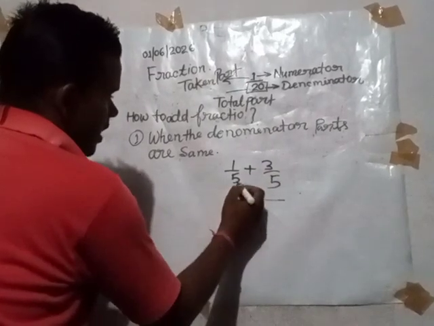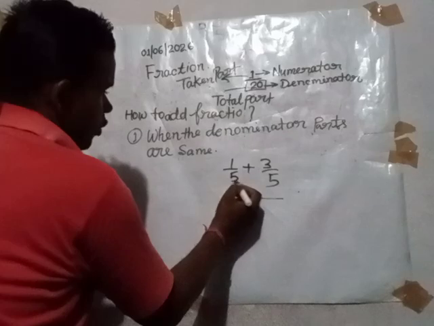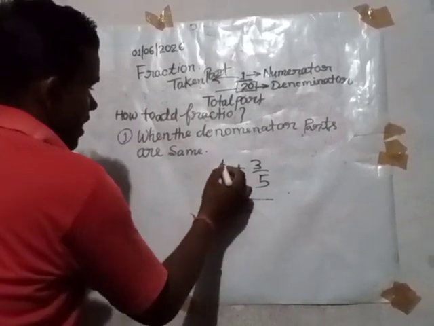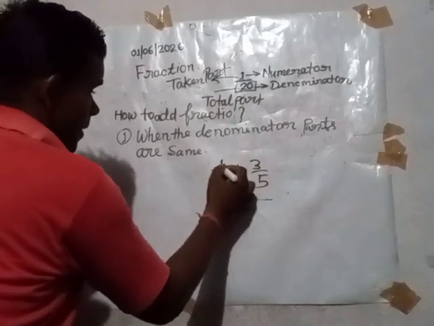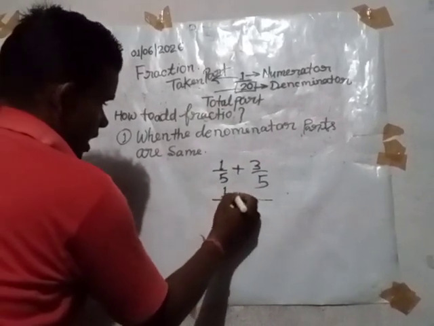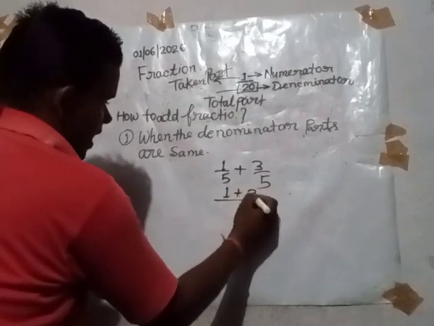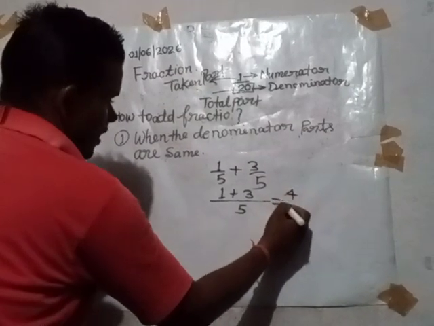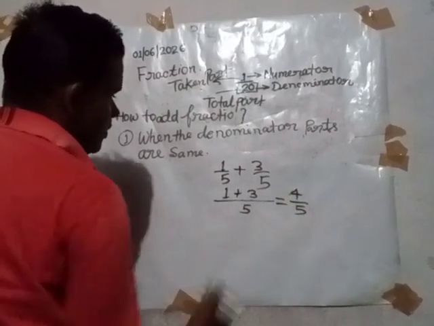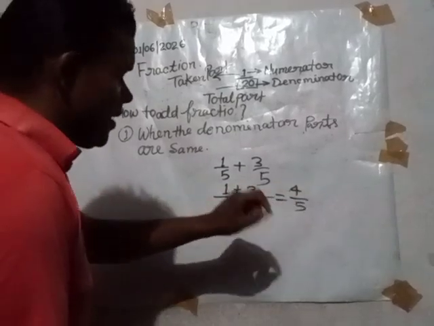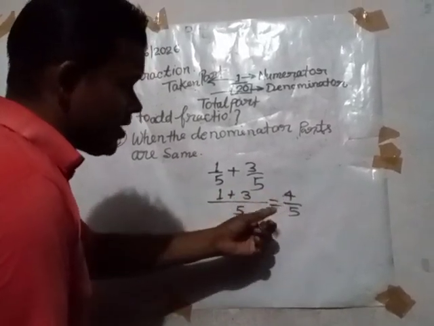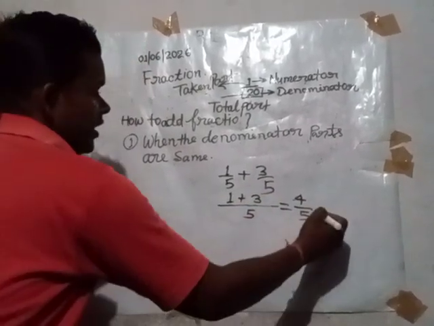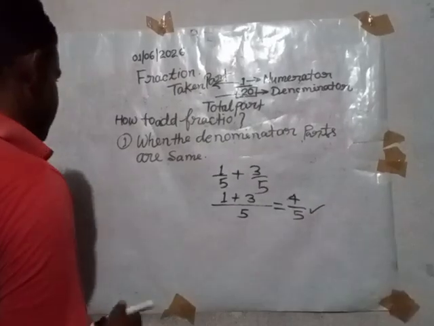Observe the denominator parts are the same, so we write 5. The numerators are 1 and 3, and we add them: 1 plus 3 is equal to 4, so we write 4 by 5. Observe 4 and 5, any common number except 1? No, there is no common number. That is the answer of the question.